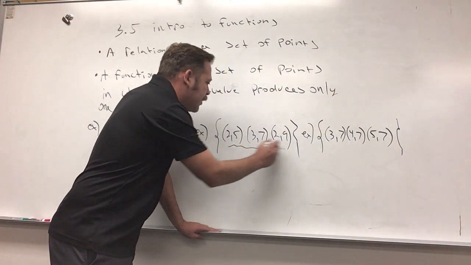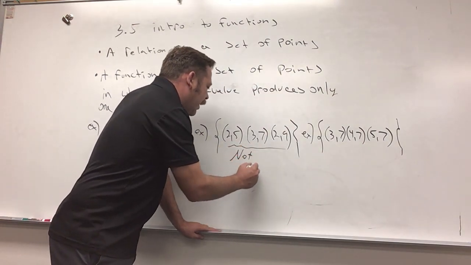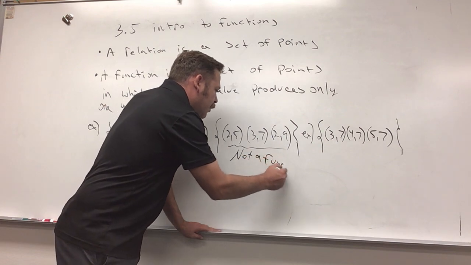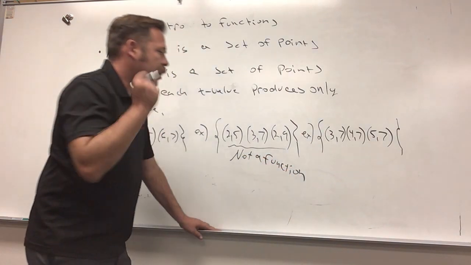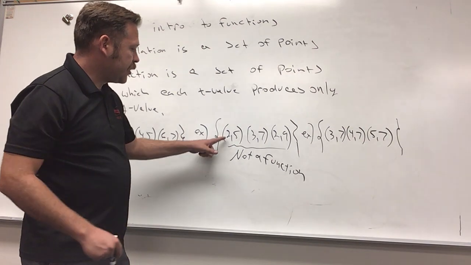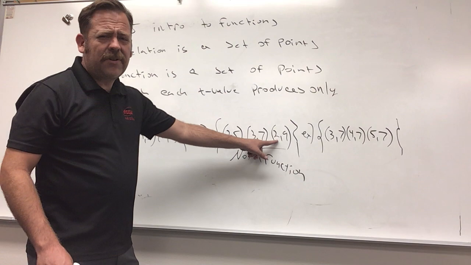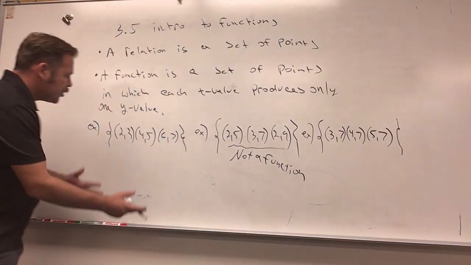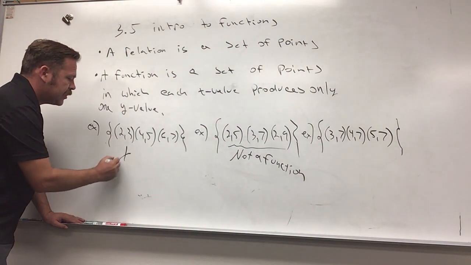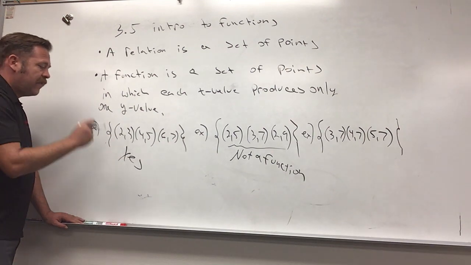And this set of points is not a function, because this x value of 2 cannot produce 5, and at the same time this 2 value produces 9.